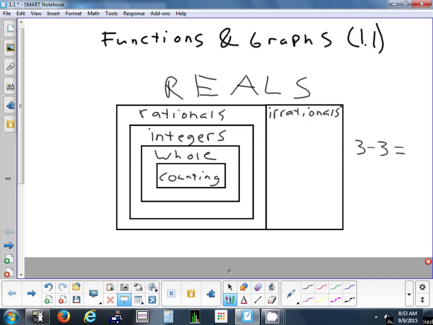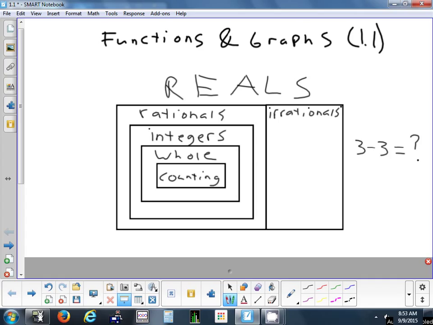What would I get if I do that? Yeah, I get 0. Well, the problem is if somebody only understands counting numbers, then you'd say you can't do this. This is impossible. All right? So in order to subtract something from itself, basically we have to invent a new number, and that's 0.